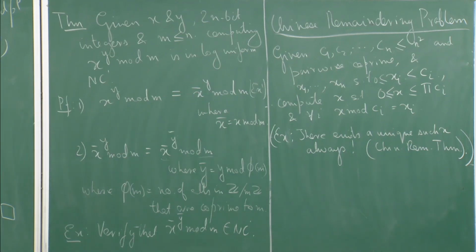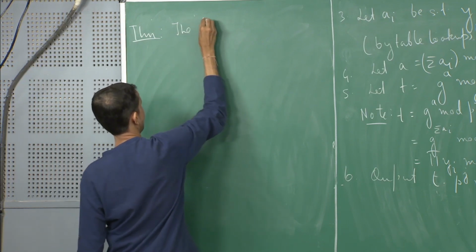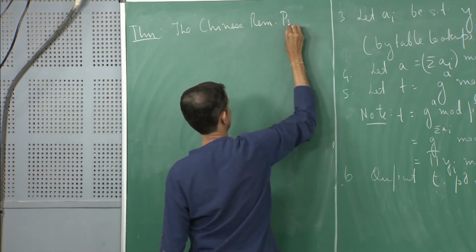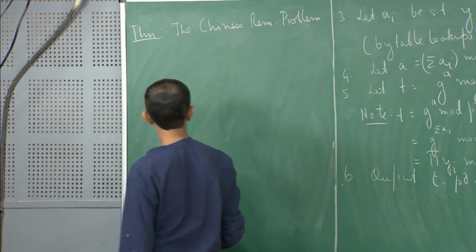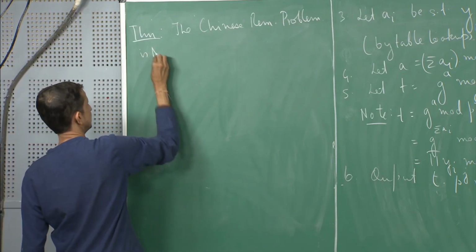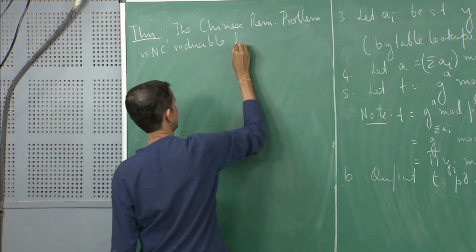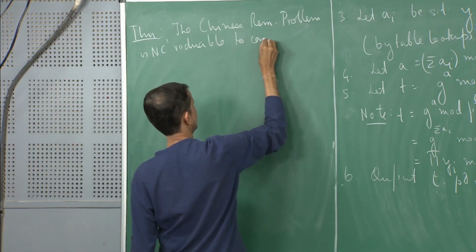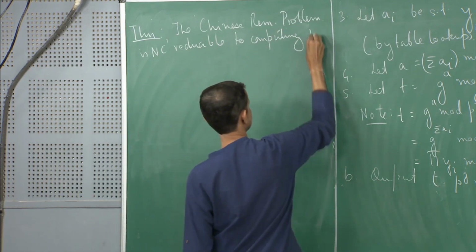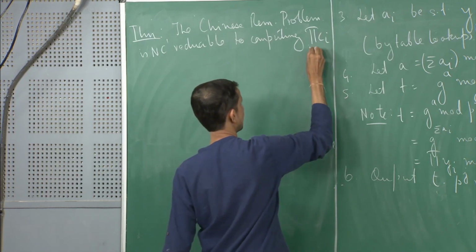So what we will show is the Chinese remaindering problem is NC1 reducible to the problem of computing the product of Ci's.